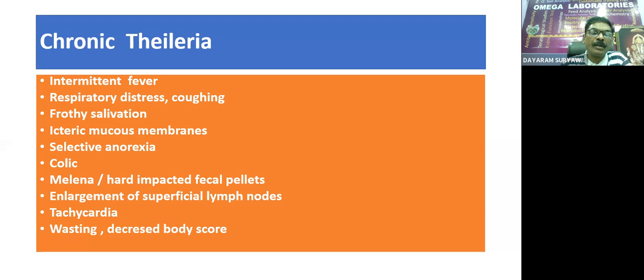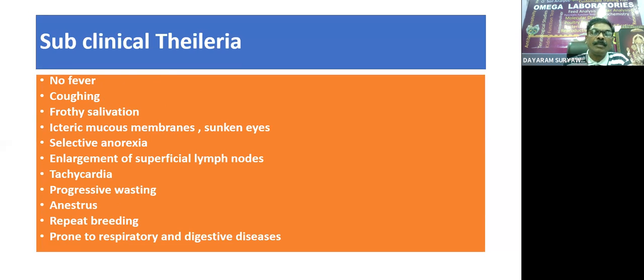The animal looks very lean, and there is loss of fatty tissues as well as a hide-bound appearance may be observed, and collectively we can say there is a decrease in the body score.